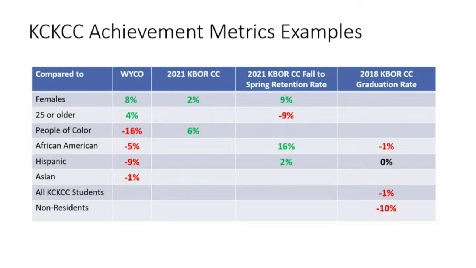And another point that I think is interesting when you look at the Board of Regents data is that non-resident students, so people who are not from what we would consider the residential service area, graduate at 10% lower than non-residents at our community colleges. And I think that substantiates the need to provide more majors and all the things we've talked about from my colleagues and other peers about services we're providing.